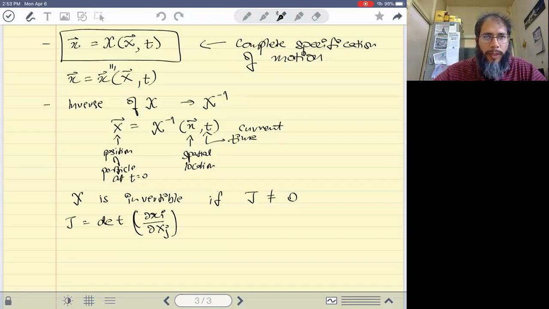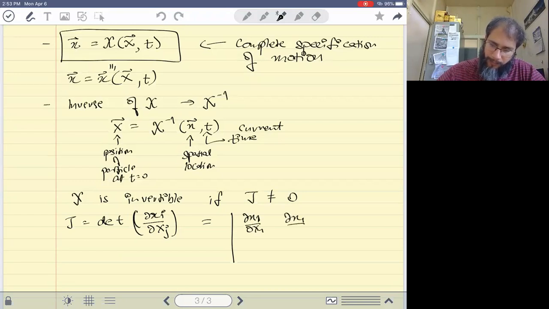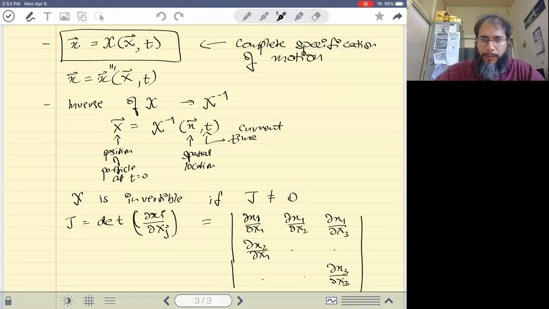So you're transforming from one coordinate system to another coordinate system. This in the expanded or the matrix form is written as follows, and this determinant should not be equal to 0 if we want the function chi to be invertible.